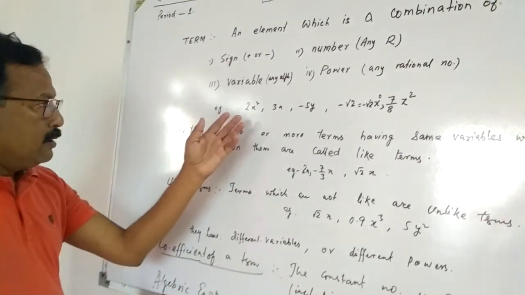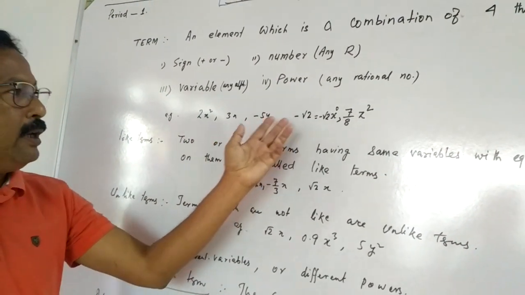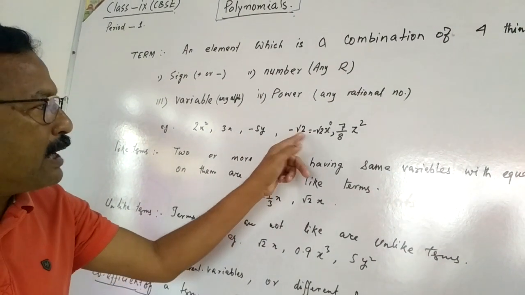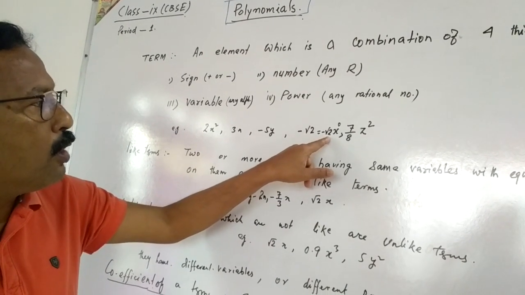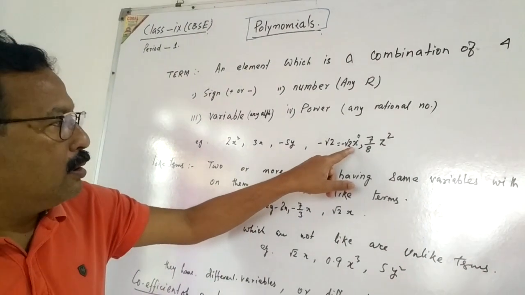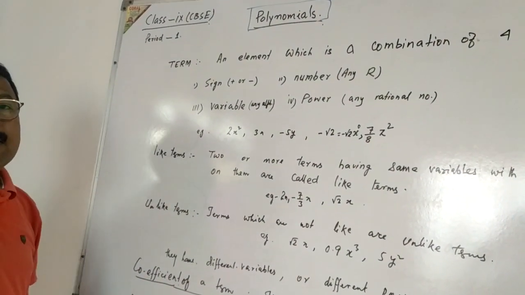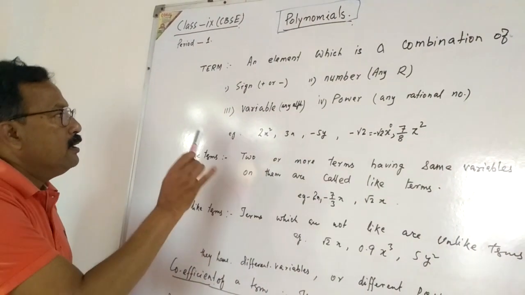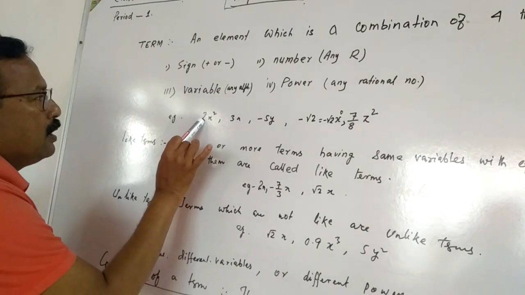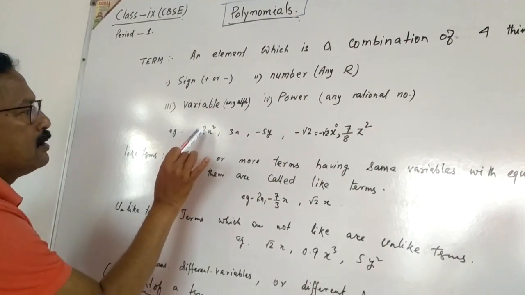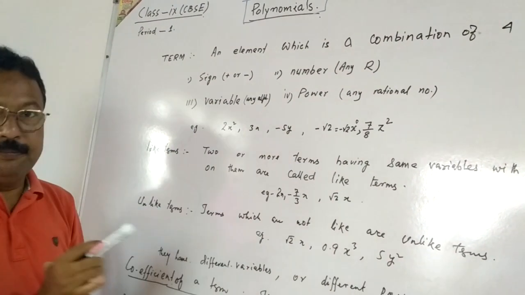Example, we can take 2x square, 3x, minus 5y, minus 2, which can be expressed as minus root 2 x to the power 0, and 7 by 8 z square. Here we have variables, real numbers, powers, and also signs.